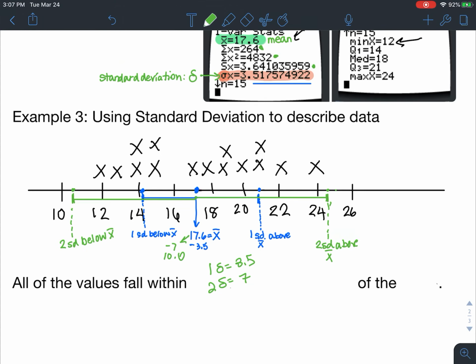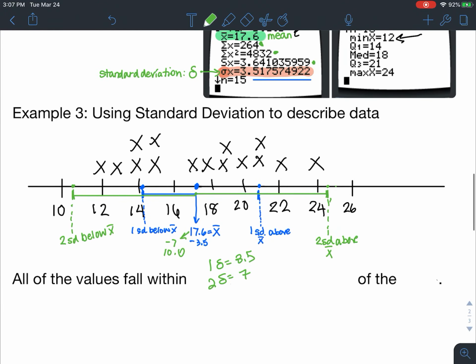So if you look at this data all organized here, it was neater the first time I did it, but you can see that all of these X's here, they're all within 2 standard deviations of the mean. Right? Are there any X's way out here? No. Well, that probably would have changed the standard deviation too, but that's okay.